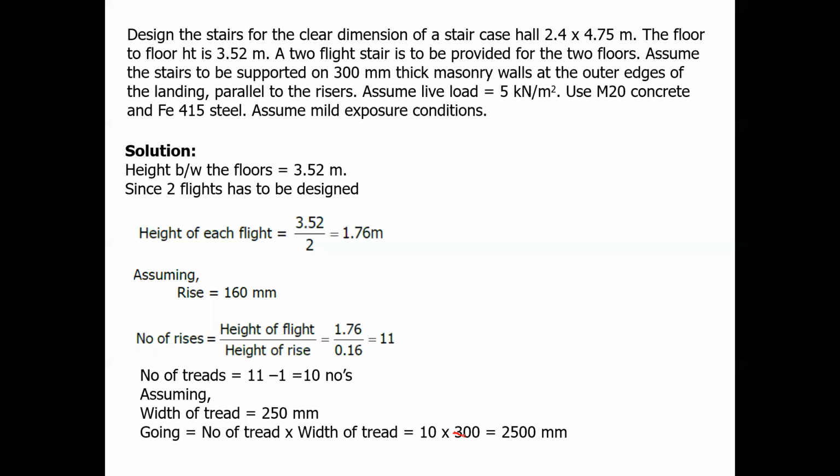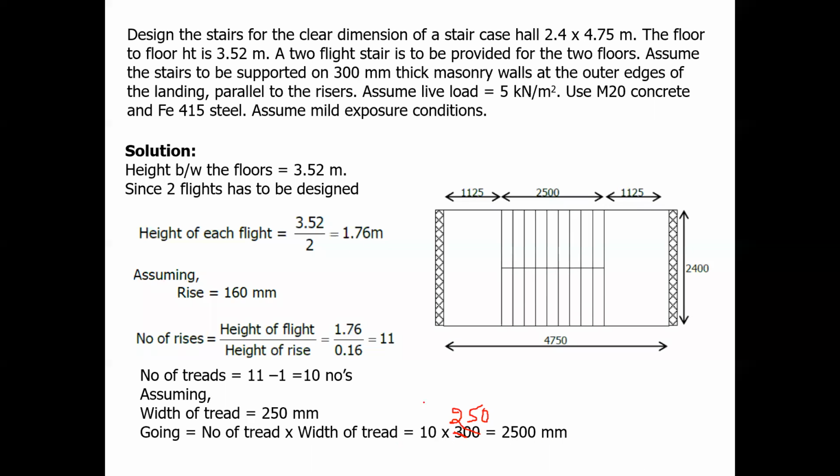So it is not 300, sorry, it is 250. Generally we will consider from 230 to 300. Okay, so it is 250. Okay, so take down this detailing. This is the going distance, that is 2500, and the remaining part: the total distance is given in the question, that is 4.75, right?